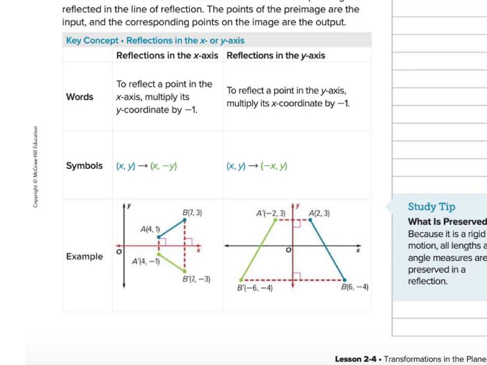And then think about if I reflected over the y-axis. All I'm doing is, my y value remained the same. As I come over here, I just went from a positive x. I come over here, I go the same distance to a negative x. So I went from 2 to a negative 2.